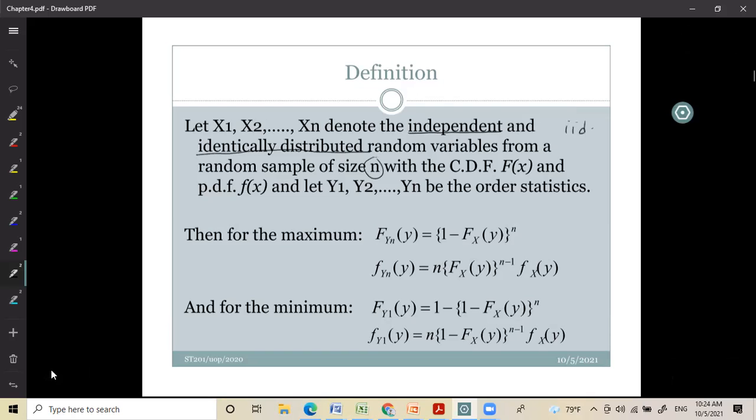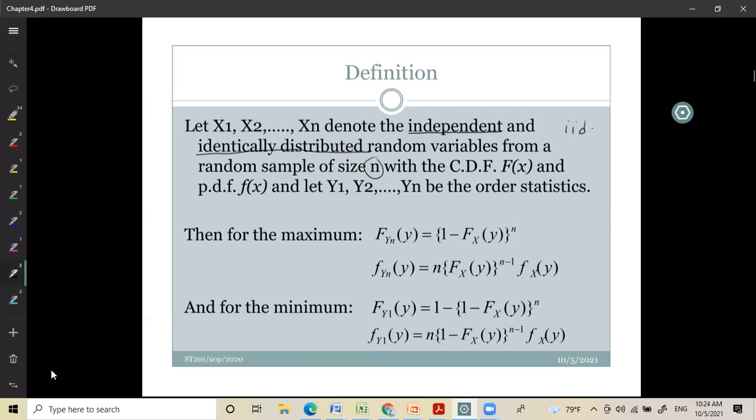The CDF of this original IID random variable is capital Fx, and their PDFs are small fx. So all of them are independent and identically distributed. X1, X2, up to Xn all have the same probability density function fx. If it is discrete, it will be the PMF px, and the CDF, the capital Fx.